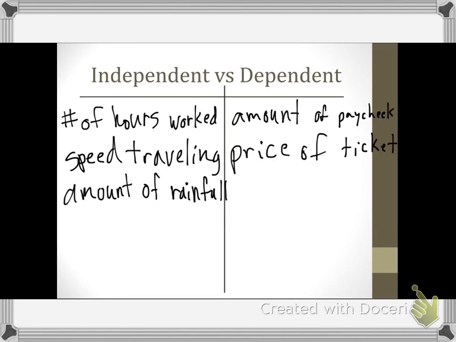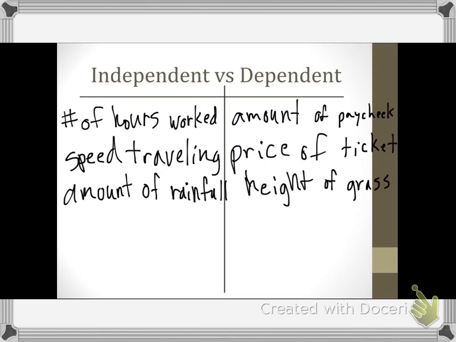And our dependent variable is the height of the grass. The height of the grass depends on how much rainfall there is. The more rainfall there is, the taller the grass gets. The less rainfall there is, the lower the grass is.